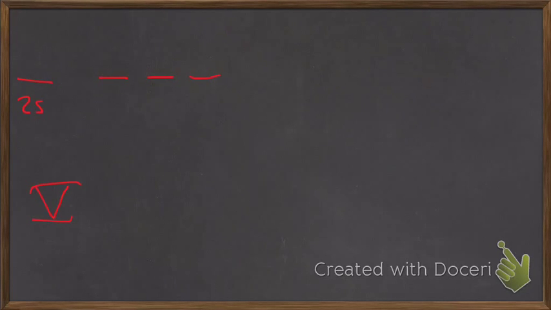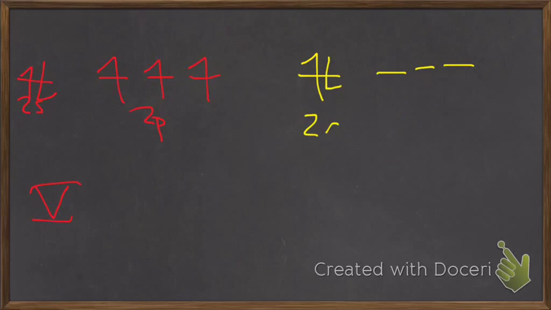I'm just going to do ones from the second row of the periodic table. So it's going to be 1, 2, 3, 4, 5. Whereas if it's group 6A, it's going to be 1, 2 in the 2s. In the 2p, there's 1, 2, 3, 4.